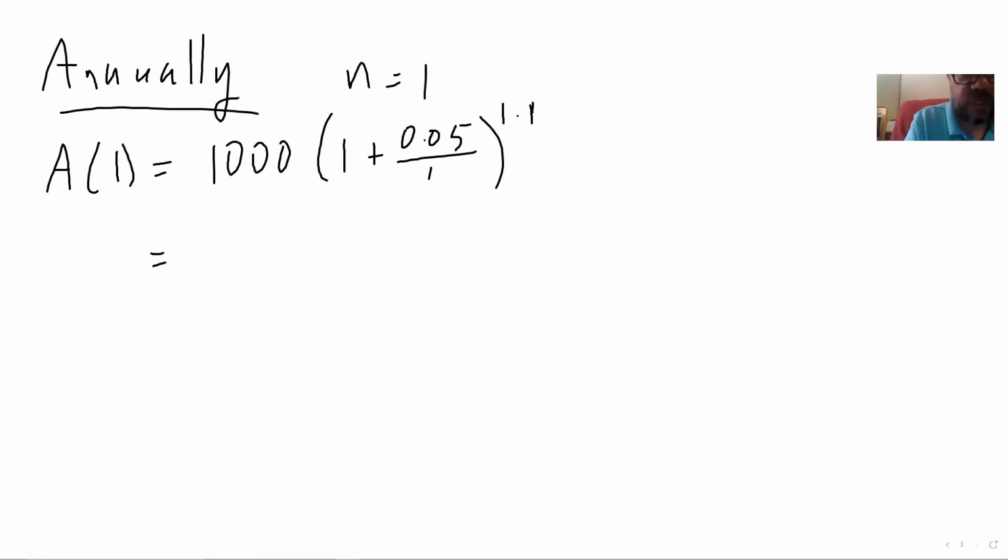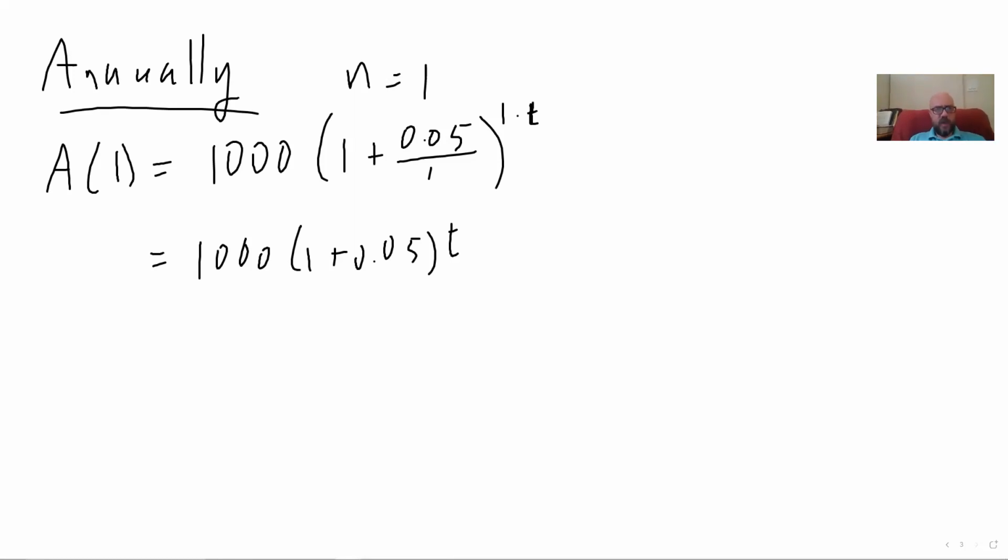So you get 1,000 times 1 plus 0.05 to the t, exactly like we've done before.